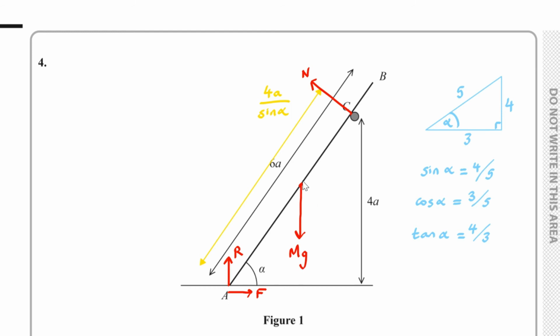Okay, and the distance from A to this point over here is equal to half of the 6a, which is 3a. Okay, so why is that useful? Because if we know these various lengths, we can take moments about A to find out what N is. Now of course when we take moments, we need to have a distance and a force, and the distance must be perpendicular to the force.